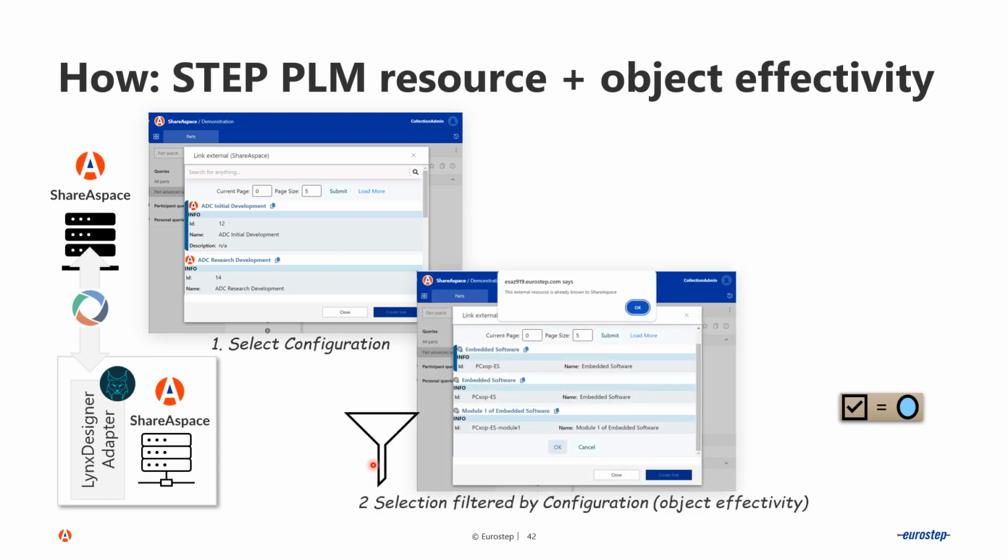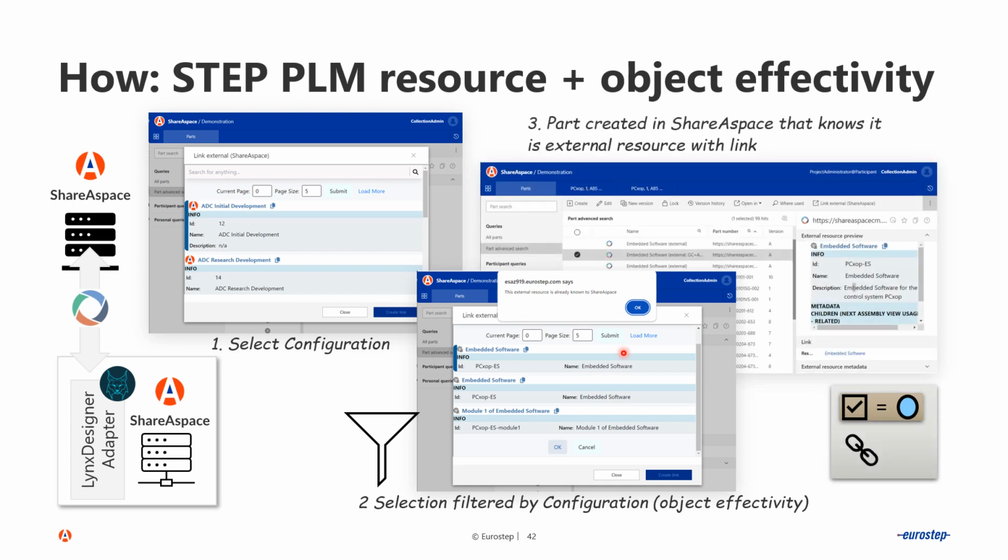So the next thing that happens is once that's selected, it filters the returned parts based on that configuration. Now ShareSpace also knows if you've already created one, so it produces this pop-up to say you already know this part in ShareSpace, so you don't need to create a link to it, and it will just reuse it instead.